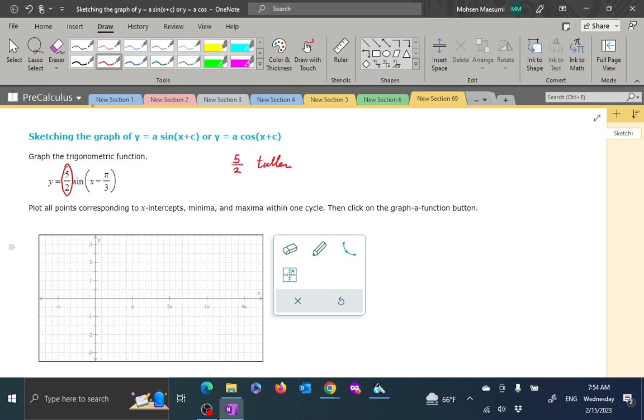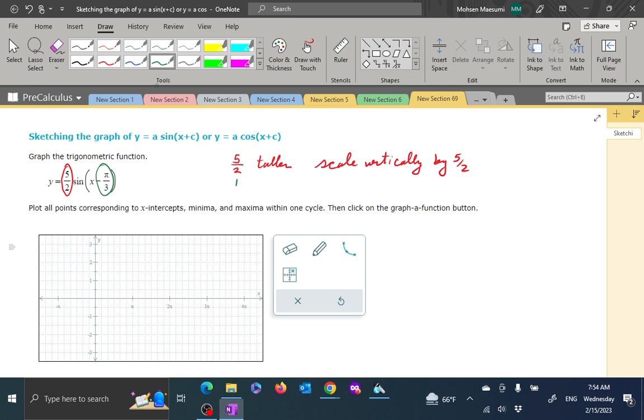This is 2.5 times as tall. That's one action. So this is scale vertically by 5/2.